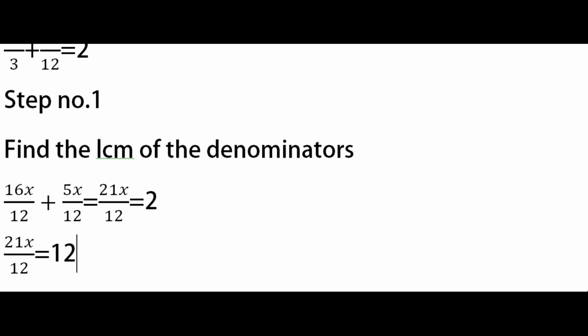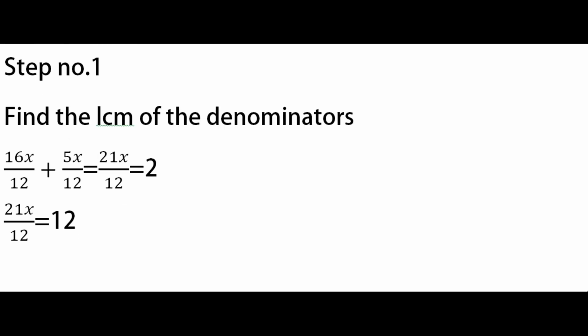So on the left hand side, I have the numerator 21x, and on the right hand side, I have the numerator 12. But no denominator is given. So I will assume it to be, when a denominator is not given, you can always assume it to be 1.